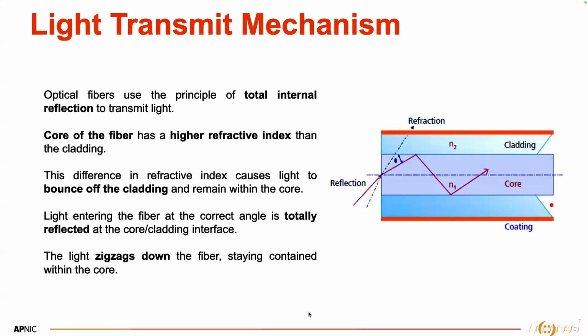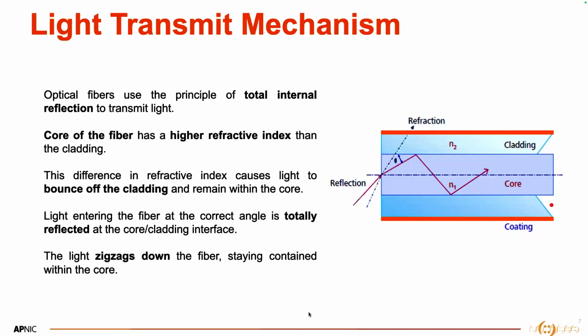As I was saying, how light moves forward within a fiber core. As you can see, this is a lateral bisection of the fiber. There are the glass core and the cladding. Light is sent through the fiber and falls into the core in such a way that the angle of incidence is larger than the critical angle, and thus light is completely reflected inside the glass core only.